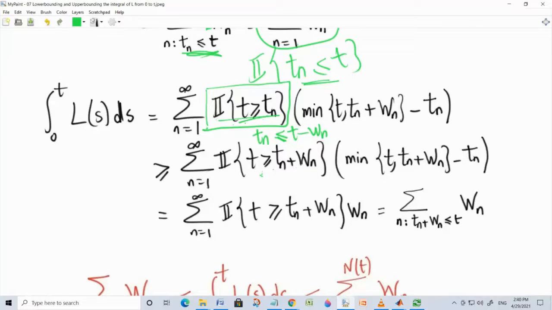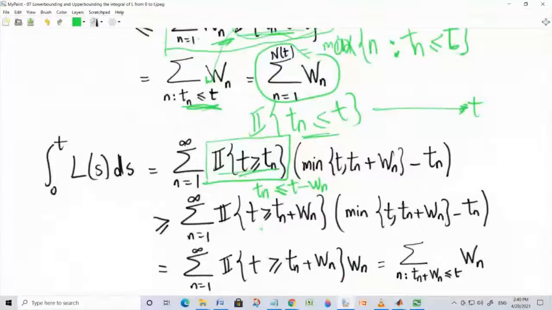Okay, so here again, as a function of time, what is this indicator here? So there is an instant Tn here, an instant Tn plus Wn. So indicator T greater than or equal to Tn is a function that looks like this. It is 1 once T is above Tn, and then it's 0 here, while the other function, in which T is greater than Tn plus Wn, is 0 like this, and then it is 1.